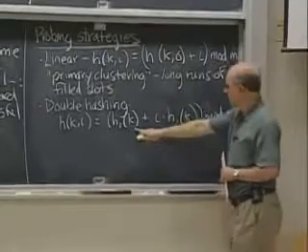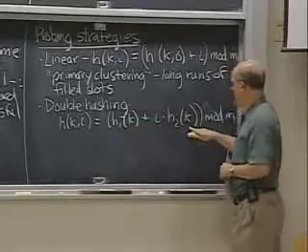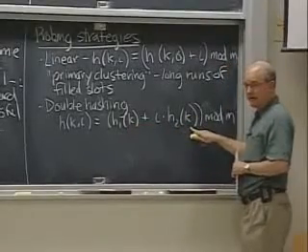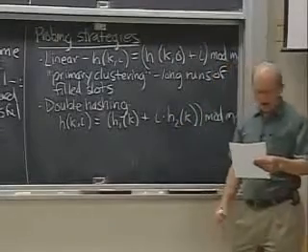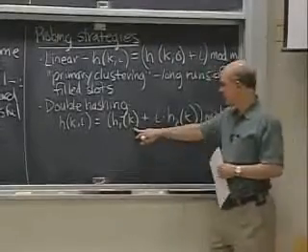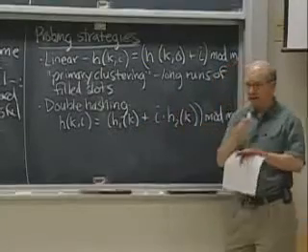So you have two hash functions, h1 of k and h2 of k. You compute the two hash functions, and you start by just using h1 of k for the 0th probe, because here i will be 0.